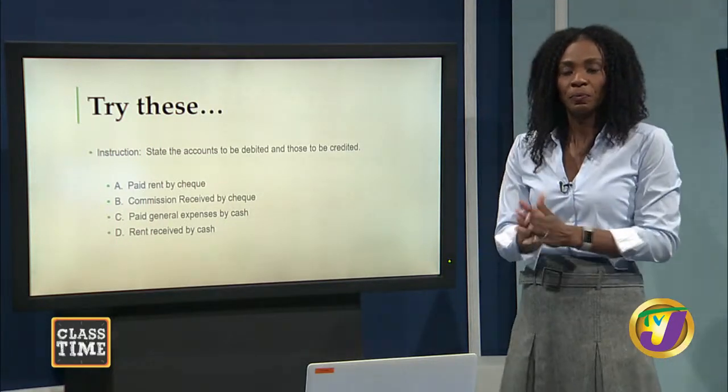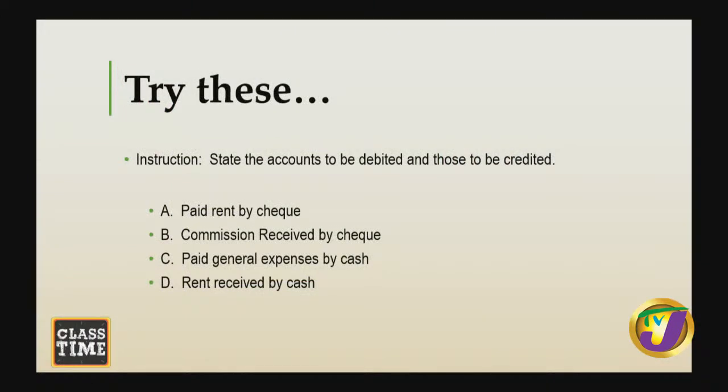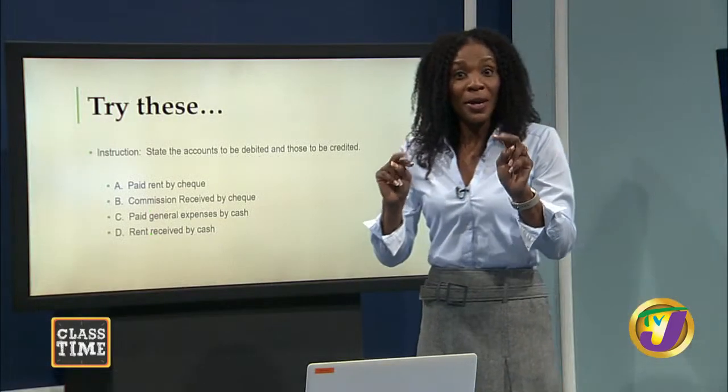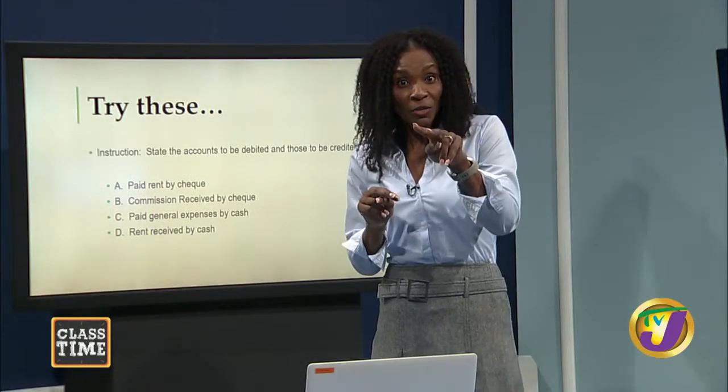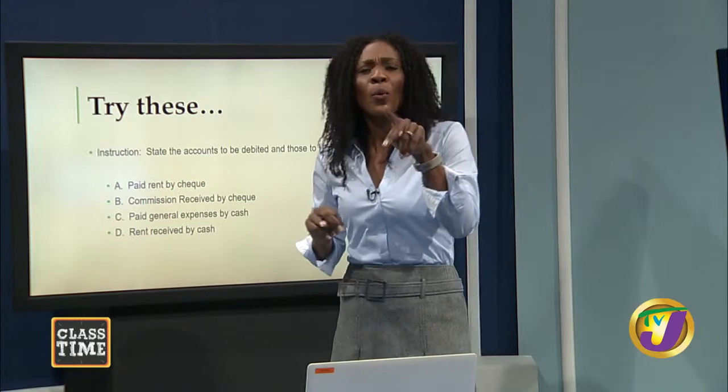Second one, commission received by check. Come on. Think. Commission received by check. Which two items? Commission received and check. Beautiful. What will we do to the commission received account?